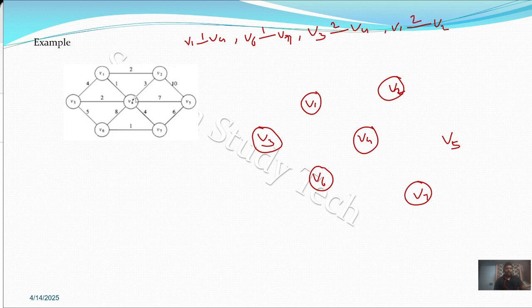Now the next minimum cost edge is V2 to V4, with cost 3.